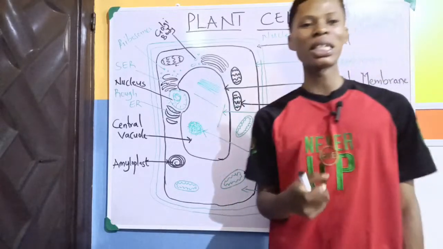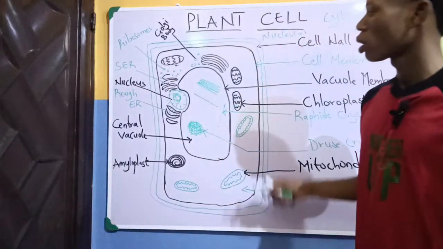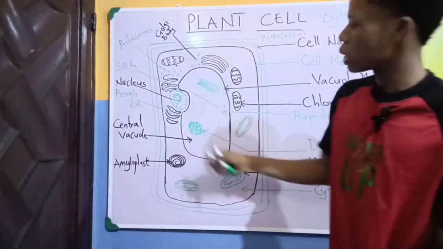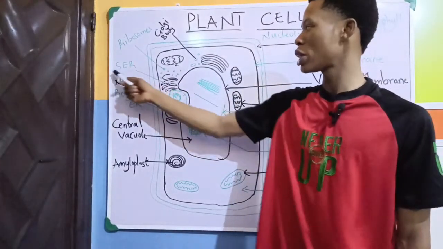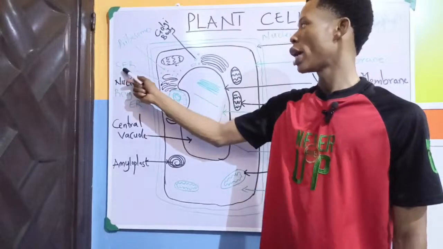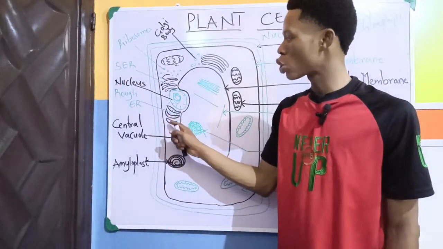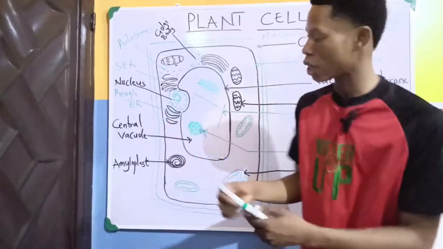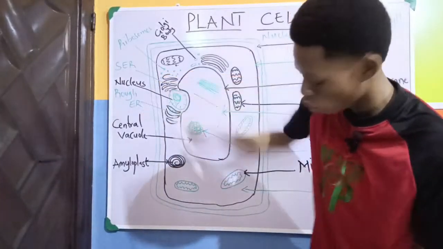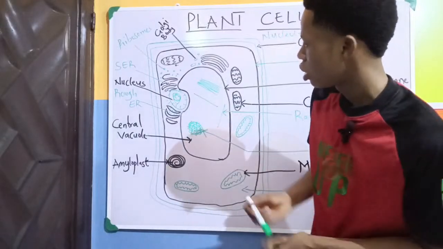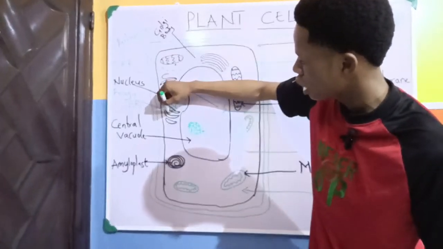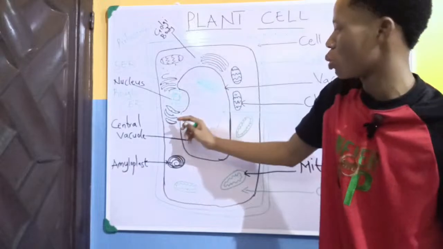Alright, the next thing is, if you look at this endoplasmic reticulum, this SER is smooth endoplasmic reticulum. Now, this one is called rough endoplasmic reticulum because, as you can see, we have dots on it. These dots are ribosomes.